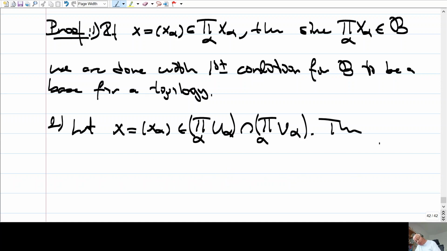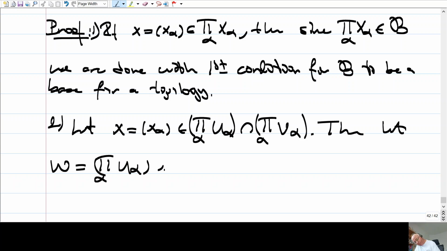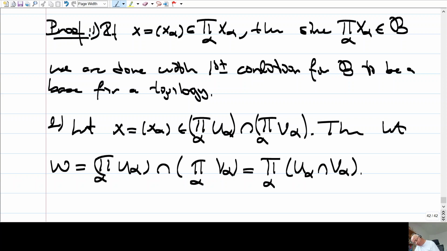So then X, which is X alpha, however, let the third basis element W be the intersection of these two. And what is this? This is nothing but this product.